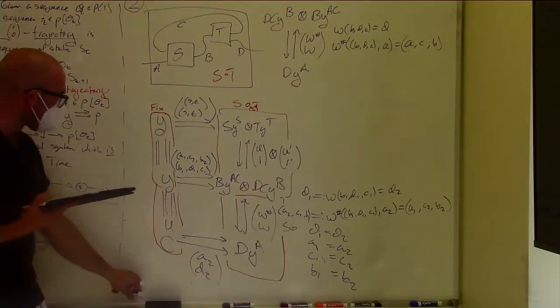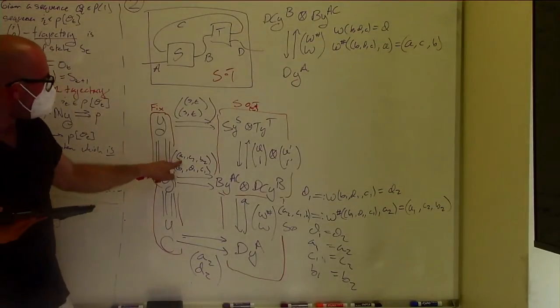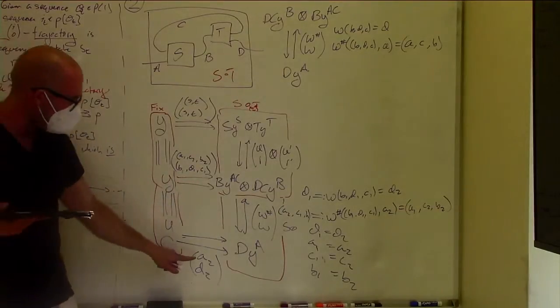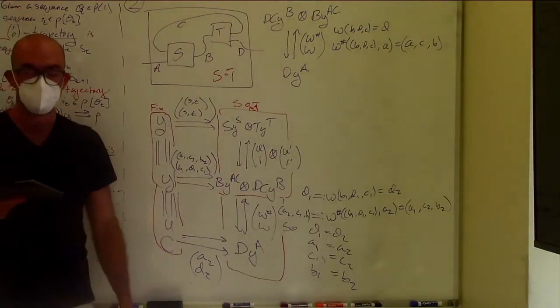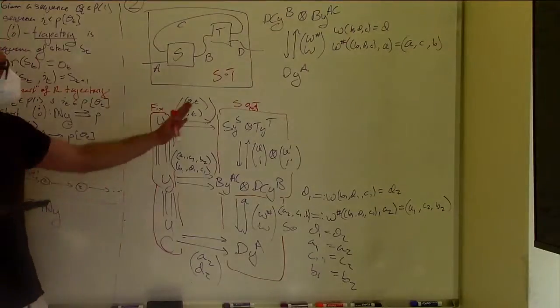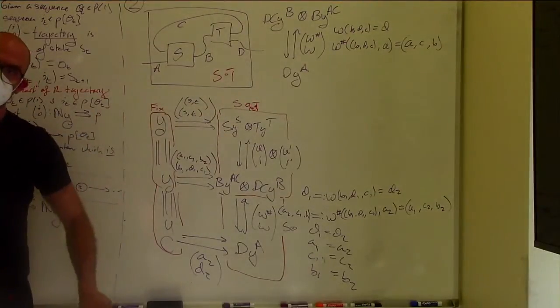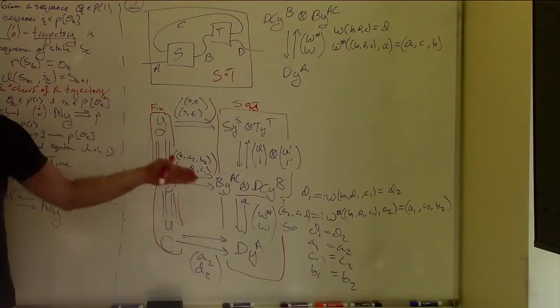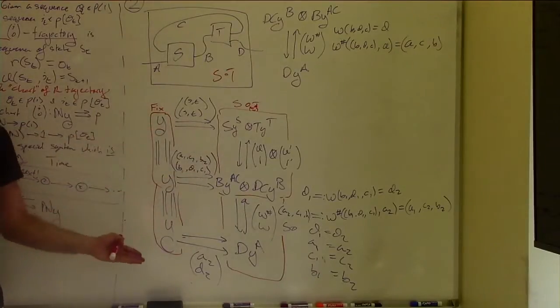Now, it's no longer an A, C, B, B, D, C steady state. It's an A, D steady state, right? But it's still a steady state of the combined system. So what composing vertically in the double category shows is that behaviors wire together.